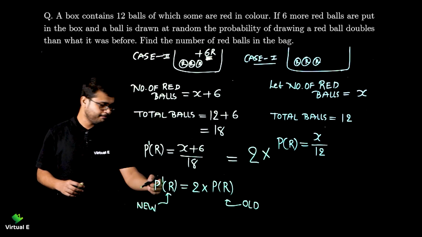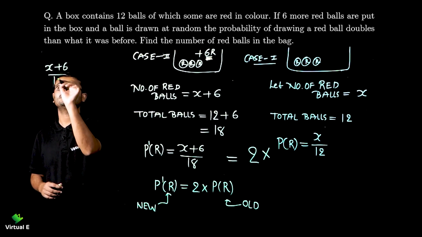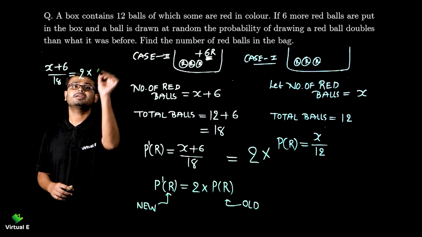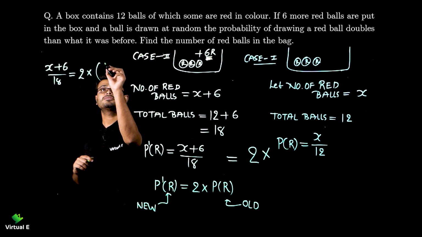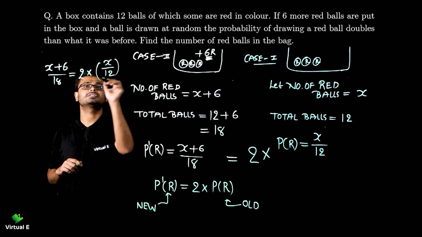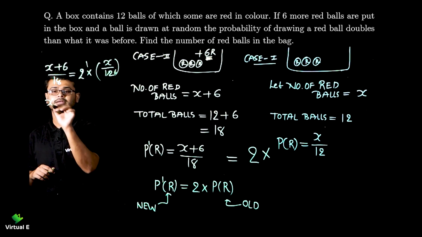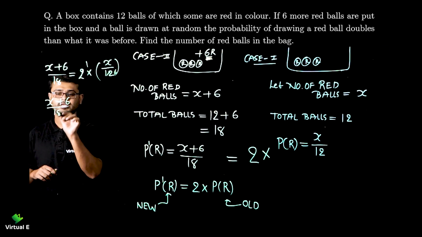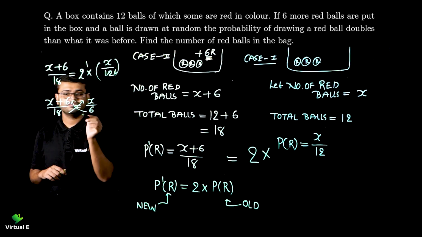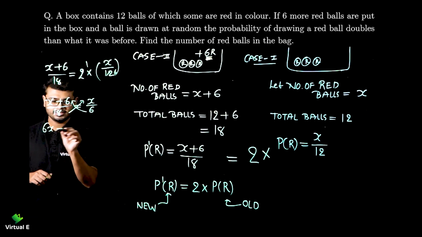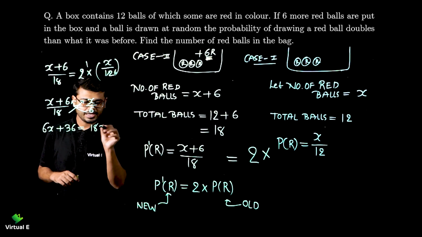Now let's solve it. P dash r, that is (x plus 6) divided by 18, is equal to 2 multiplied by, be careful over here, we need to multiply by 2, doubles, right, x by 12. So 2 ones are 2, 2 sixes are 12, so (x plus 6) over 18 is equal to x by 6. Now let's cross multiply and it will be easy to solve. 6x plus 6 sixes are 36 is equal to 18x.